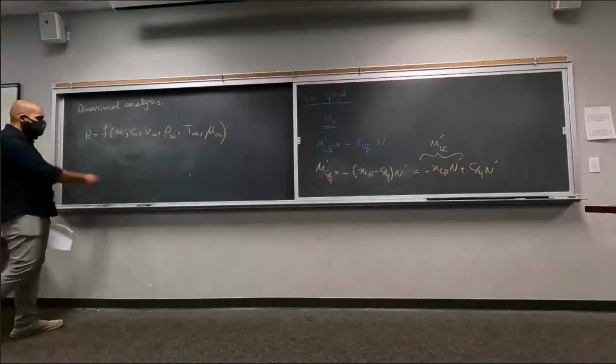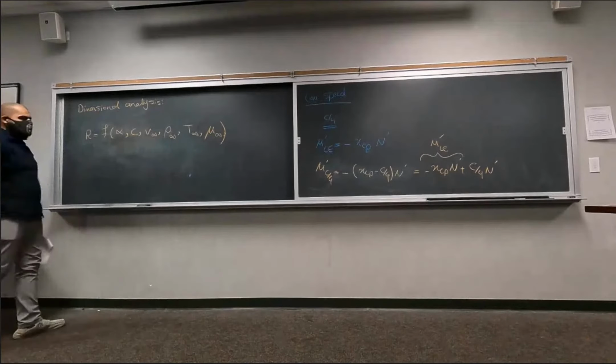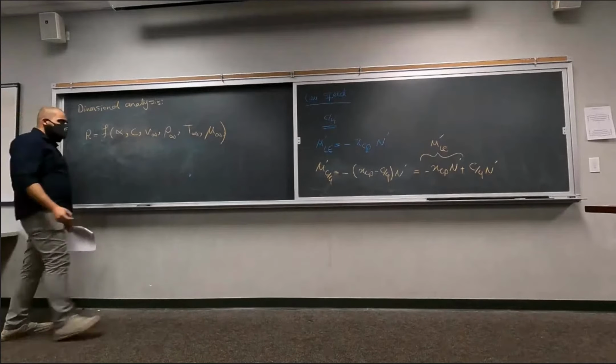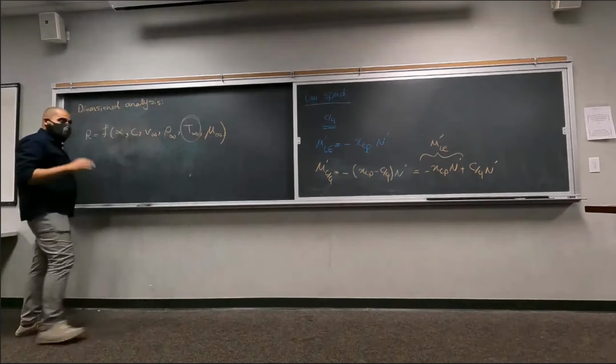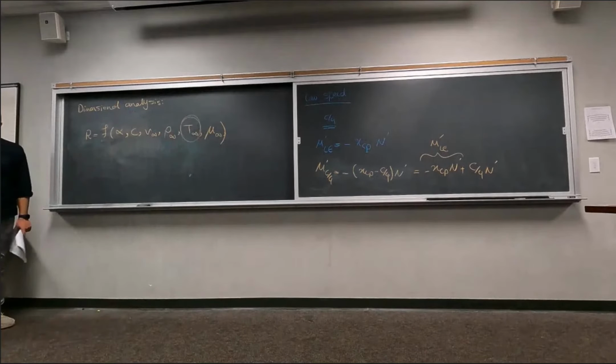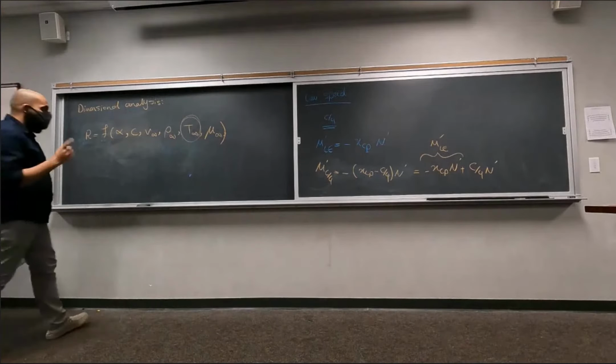Okay, so a lot of parameters. How many? 1, 2, 3, 4, 5, 6. 6 parameters. We have to change some things here. For example, temperature. In this course, we don't really talk about aerodynamic heating, right?